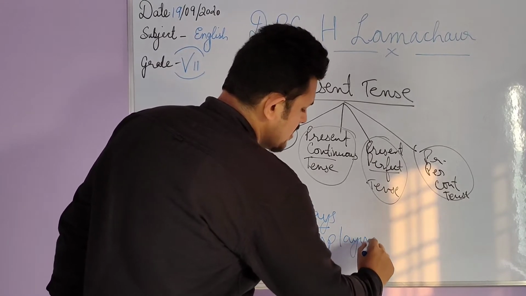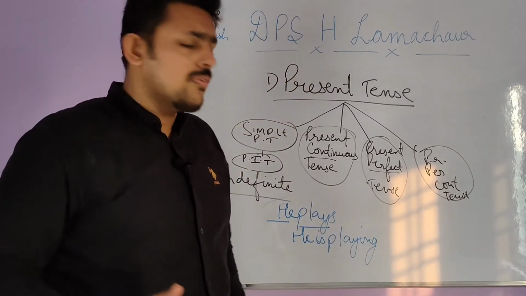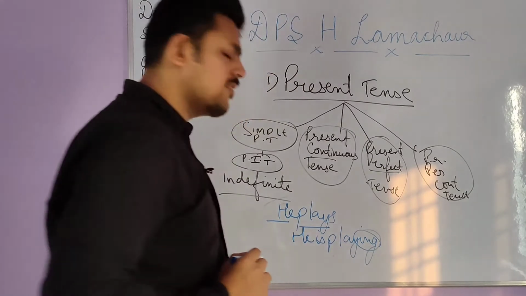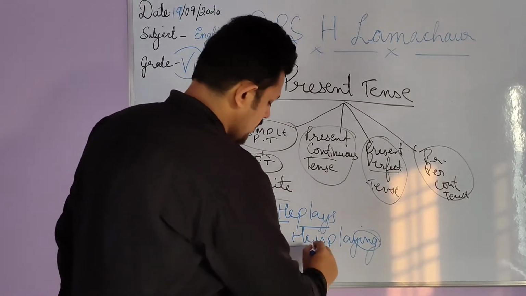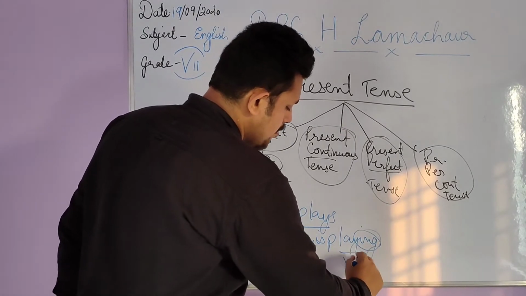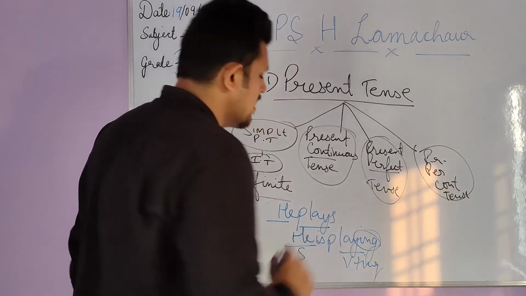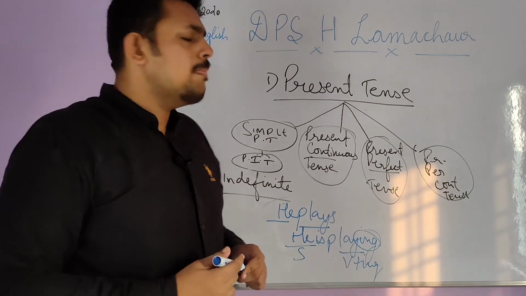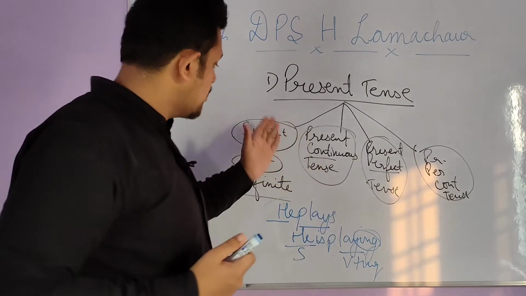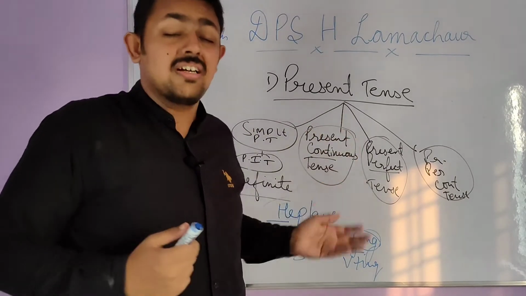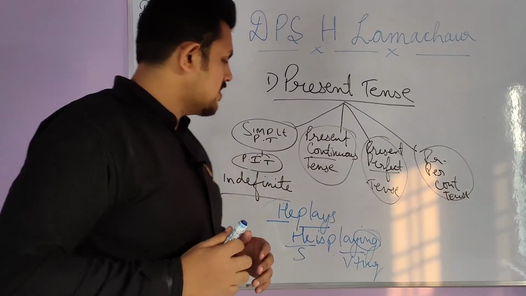When the action is still in continuity, we will use the ing form of the verb, and otherwise the formula is the same: subject and verb plus ing form. We will study in depth the negative kind of sentences in simple present and present continuous tense.